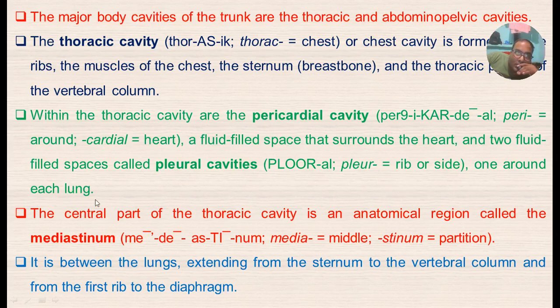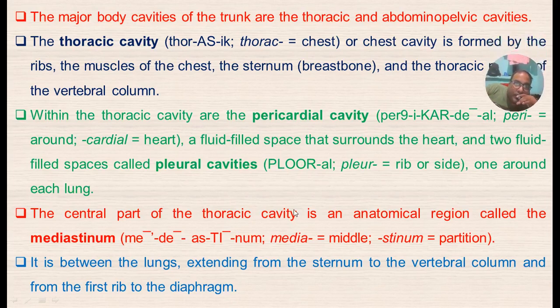So pleural cavity and pericardial cavity are present inside the thoracic cavity. So the thorax contains two delicate soft organs, the lungs and the heart. Very important, very delicate, very soft, but very tough.